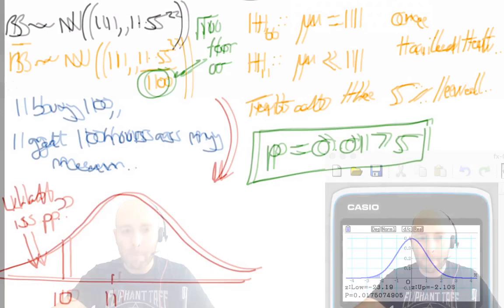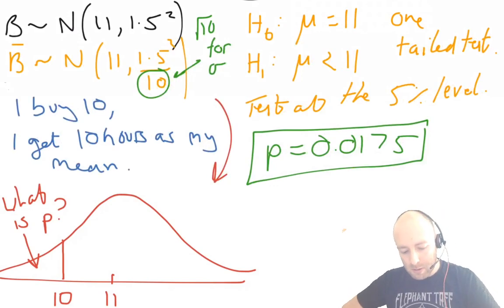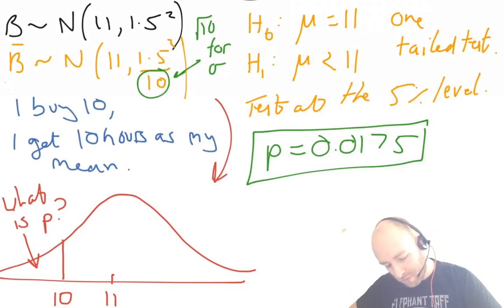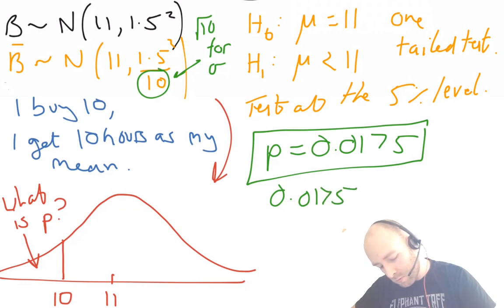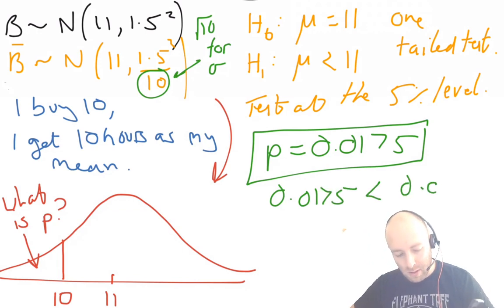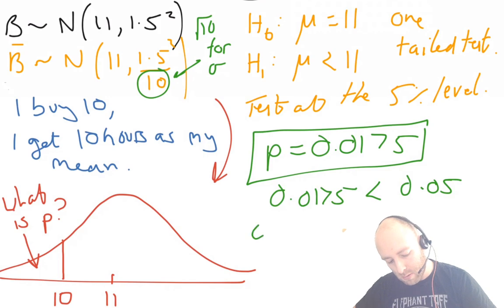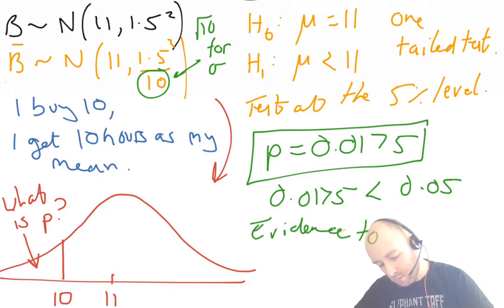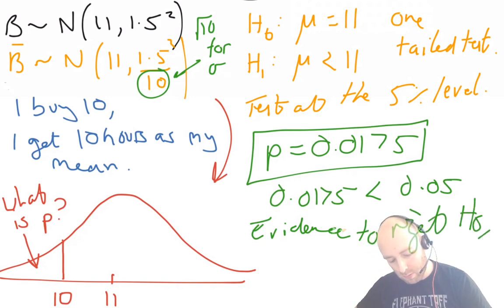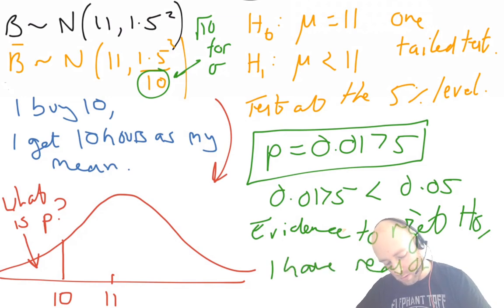So according to this, because 0.0175 is less than 0.05, there is evidence to reject H0, and then I have grounds, or I have reason to complain.